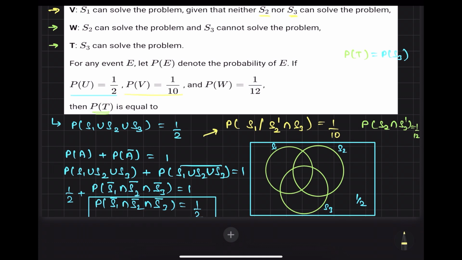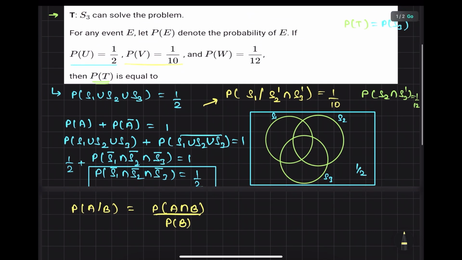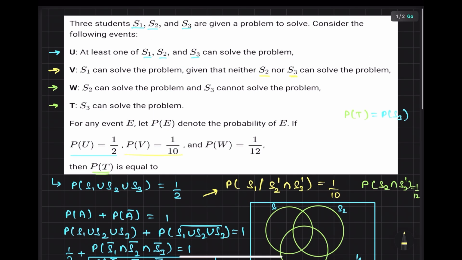Now focus on this part. So what is this? You know that probability of A given B is nothing but probability of A intersection B upon probability of B. So you have to apply that idea over there. Here we should have bar because it is NOR. S3 cannot also solve the problem. Okay.